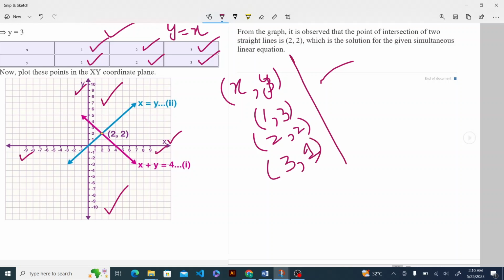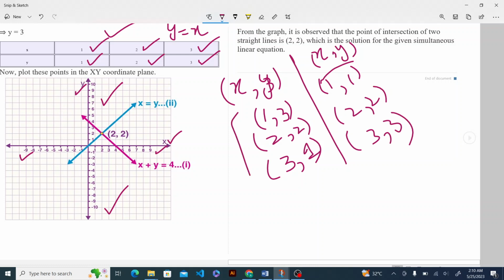These were the values for the first equation, and for the second equation we have values as 1 1, 2 2, 3 3. Okay, so let us plot these points first for the first equation, equation 1, and these are for equation 2.